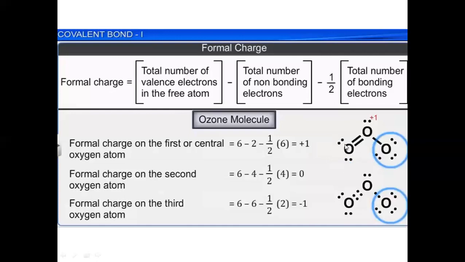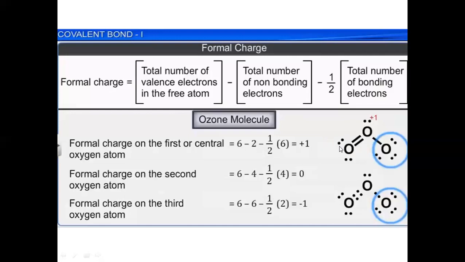Non-bonding electrons are 1, 2, 3, 4, so 4. And half of the total number of bonding electrons in this second oxygen: 1, 2, 3 and 4, so 4. So the formal charge on the second oxygen atom is 0. Here there is no plus, no minus, only 0.